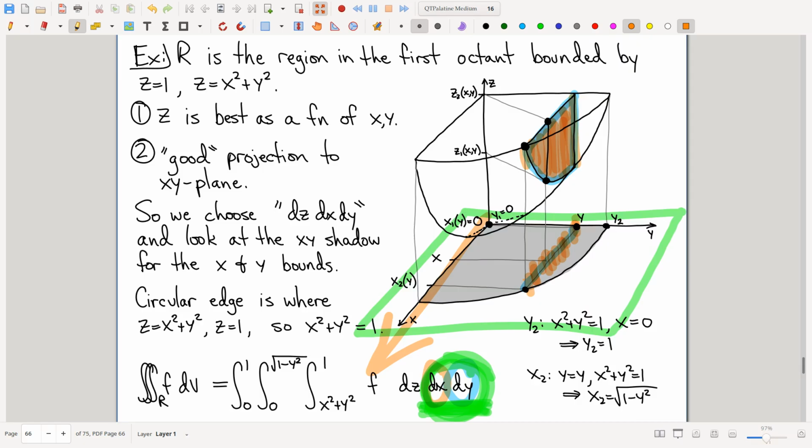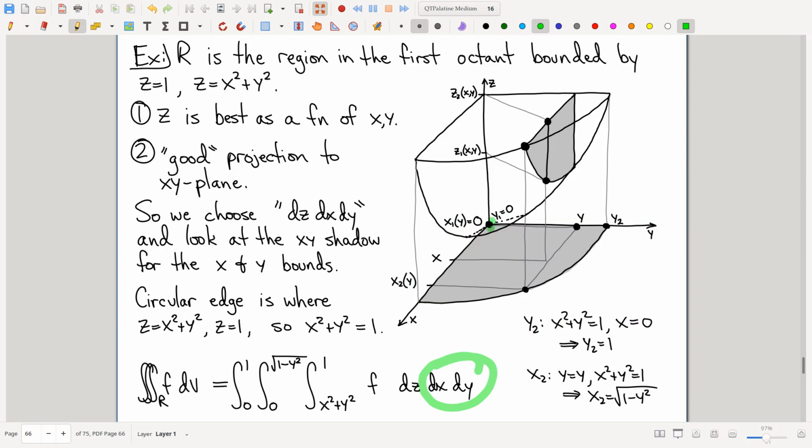Whether I attach some irrelevant Z's or don't attach some irrelevant Z's doesn't change what the X's and the Y's do. So the big punchline, I think this is a huge one, a really valuable computational tool: whatever your outside two variables are, look at the projection into that coordinate plane of your solid and determine all of these bounds, not by looking at the solid, but just by looking at stuff that happens in the shadow.